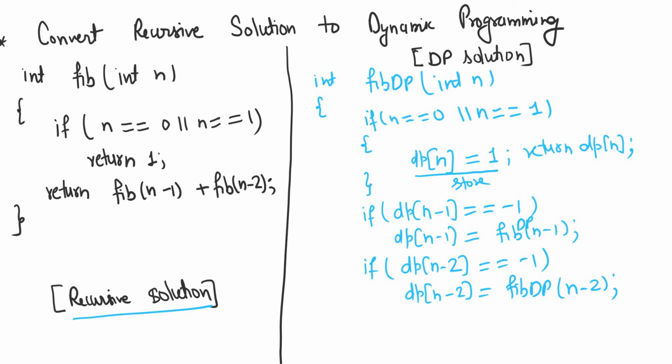The if statement will not get executed if the value is already computed, which means the value is not equal to minus 1. Now compute dp of n as dp of n minus 1 plus dp of n minus 2, and return this answer, dp of n.